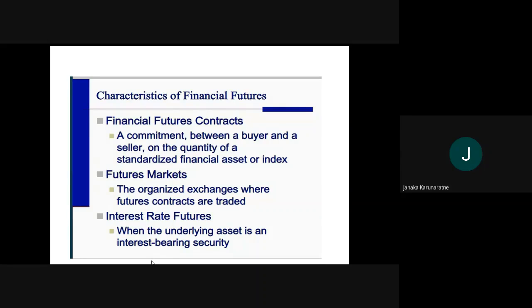That is why these products are standardized. You can't identify a particular instrument exactly matching your requirement. So if you want to hedge a particular position, you may not be able to hedge the entire position because the contracts are standardized. We will look at them later. So the general futures markets are like that.